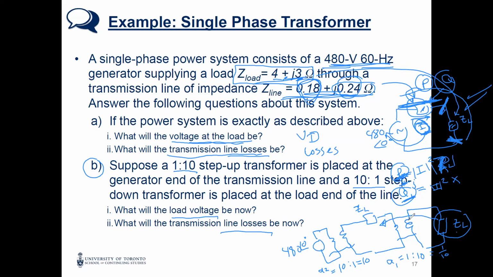So to move this impedance to this side, you have to multiply by a1 squared. So this drawing will be ZL, similar, but this impedance is ZL divided by 100. I multiply by a squared, a squared is 1 over 100. Then we still have one transformer here, 10 to 1. And then the source.